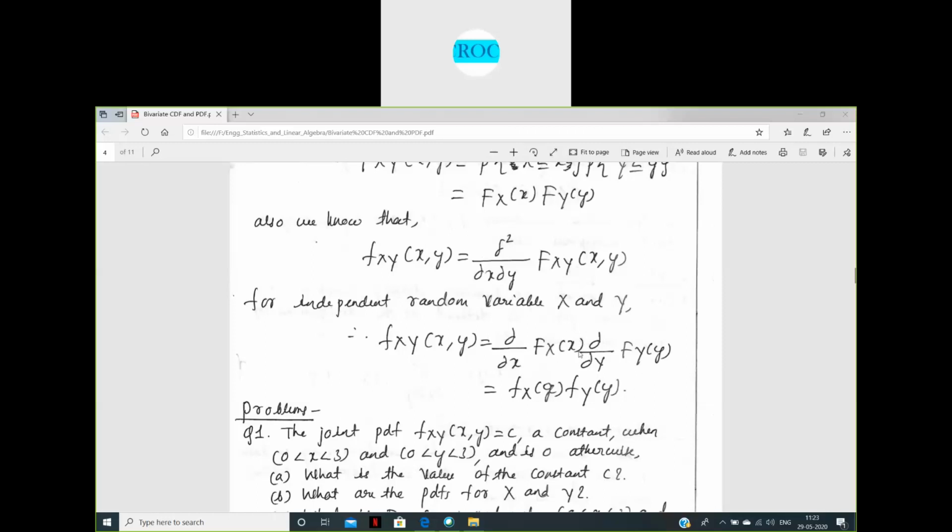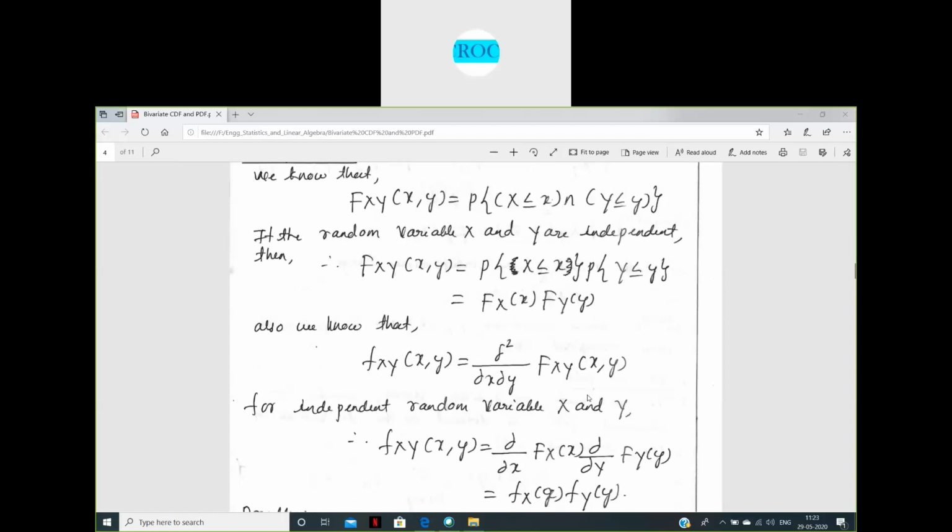By the definition of PDF for random variable X, which is the derivative of the cumulative distribution function, the derivative of F_X(x) is f_X(x). Similarly, the derivative of the cumulative distribution function for random variable Y is the PDF for Y, represented by lowercase f_Y(y). These are the definitions for bivariate CDF and bivariate PDF and their properties.